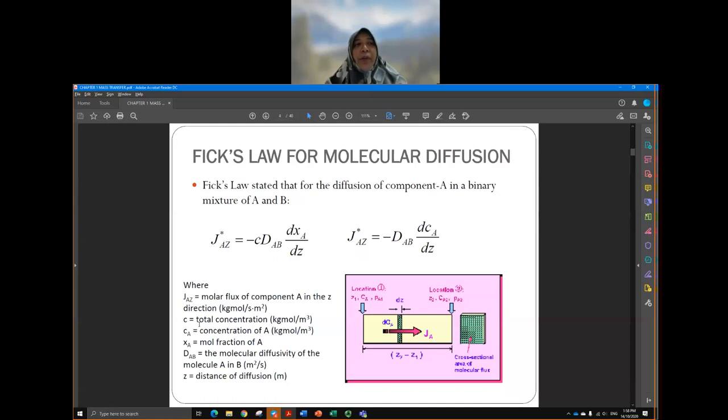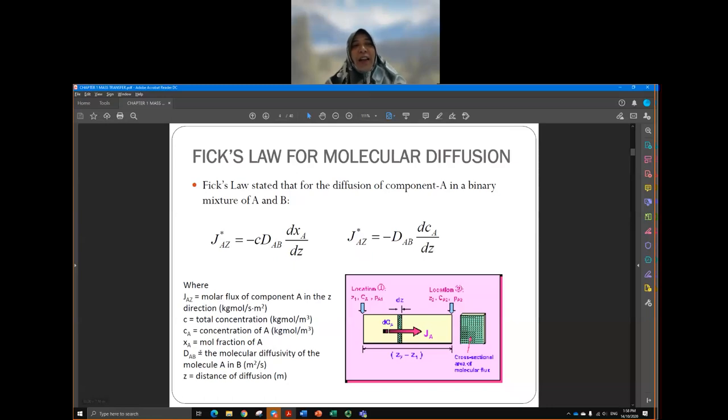If you talk about two particles, you have the total concentration, concentration A plus concentration B, okay? And then you have concentration A, which is your Ca, and Xa to represent the mole fraction. If you have subscript A, it means you have the mole fraction for component A, okay?